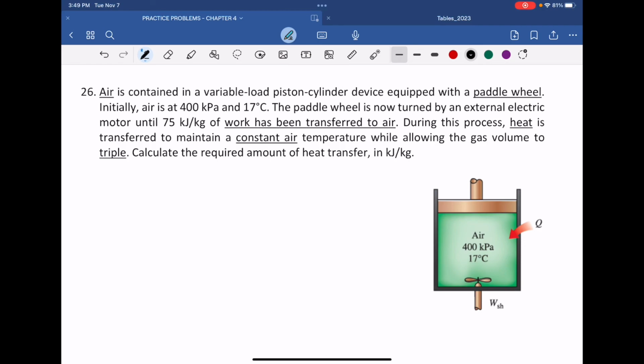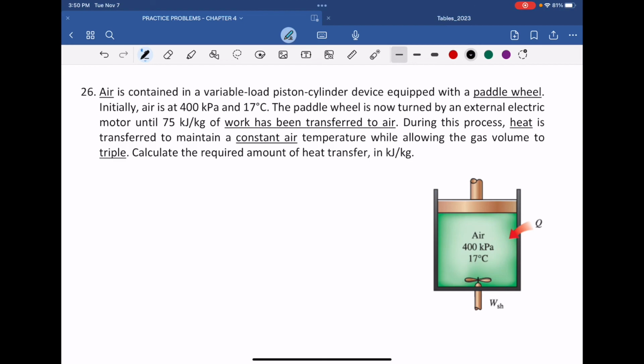Okay, so it is the amount of shaft work basically. And then during this process, heat is transferred to maintain a constant air temperature while allowing the gas volume to triple. Well, they give a lot of information here actually. And calculate the amount of heat transfer.